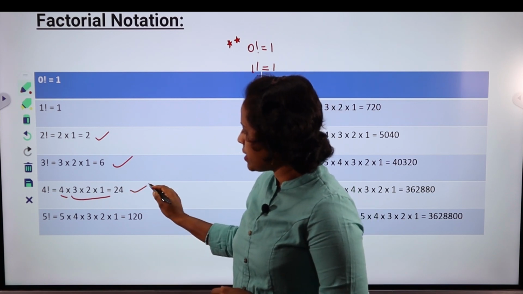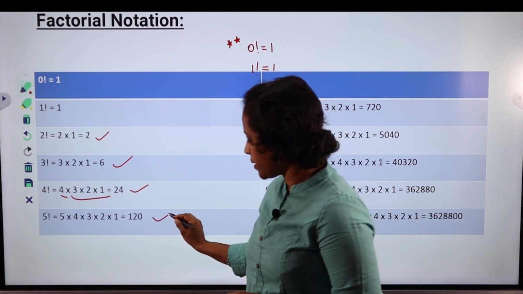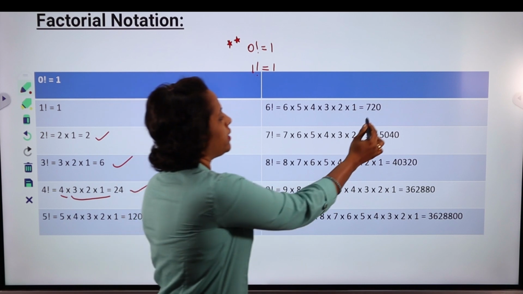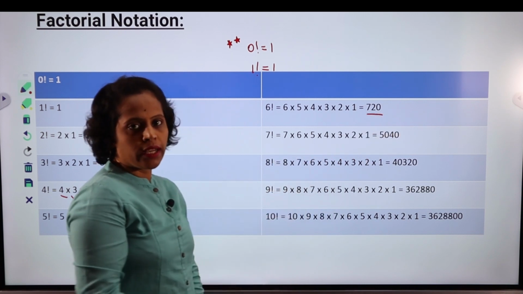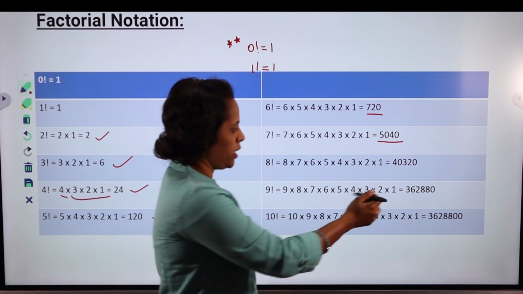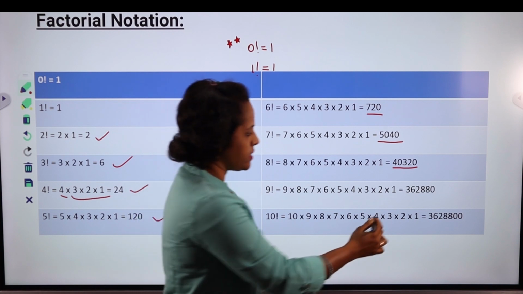So 4 factorial is 24. 5 factorial is 120. 6 factorial is 720. 7 factorial is 5040. 8 factorial is 40320. 9 factorial is 362880.